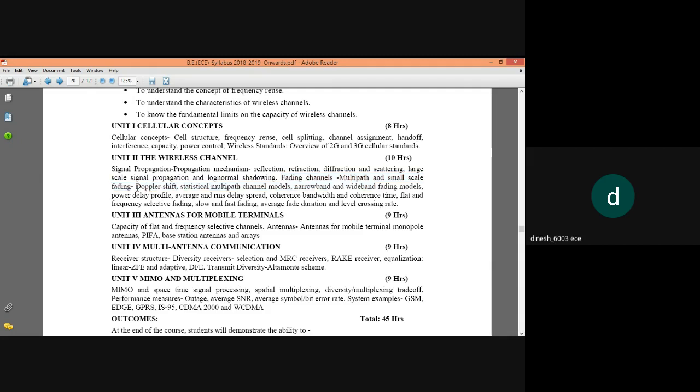The parameters for them, such as the Doppler shift, power delay profile, and how to calculate average and root mean square delay spreads, an important parameter which determines the fading, which is your coherence bandwidth, coherence time, the bandwidth for flat fading, frequency selective fading, slow fading, and fast fading. All these concepts we'll be seeing in unit number 2.